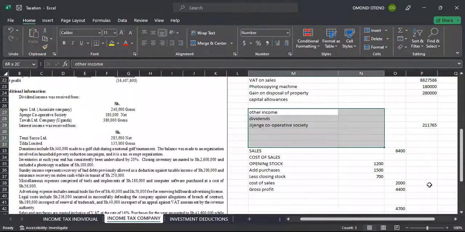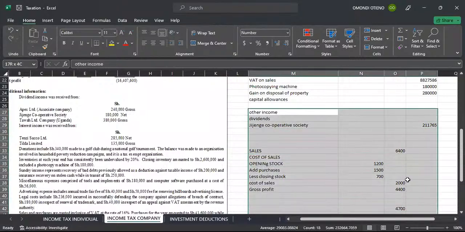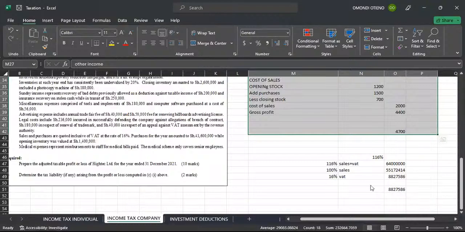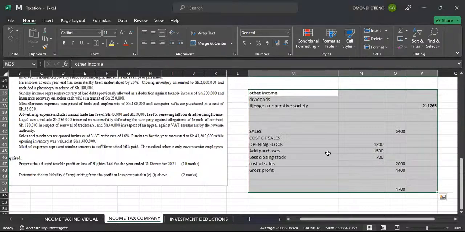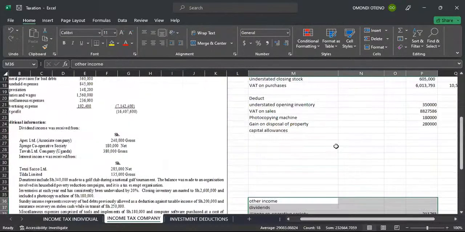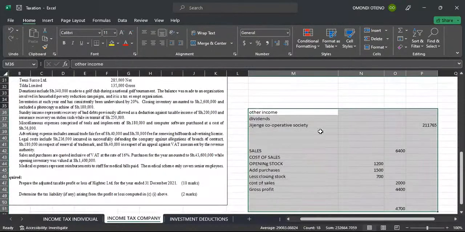I believe tunapatana hapo. That is what we have actually done.